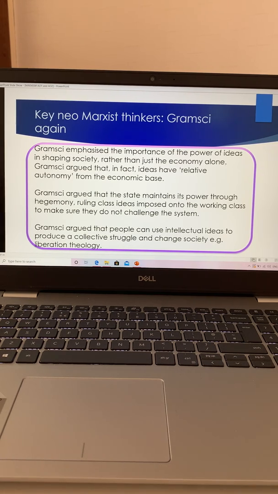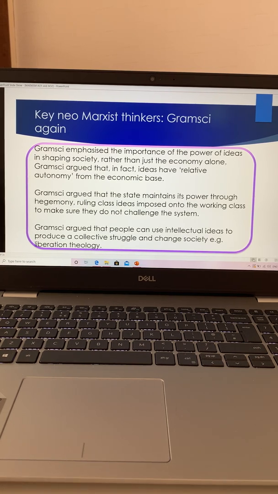So things like the state maintains power through hegemony, yeah, we've looked at that already. They're imposing it on the working class, making sure they can't challenge it. But Gramsci's saying that people can use intellectual ideas to produce a collective struggle and change society. So people come together and try and change it for a positive.